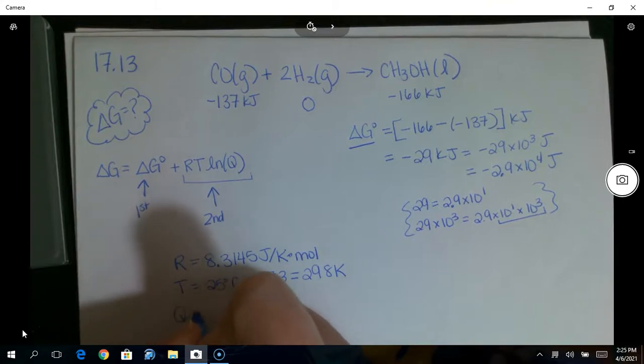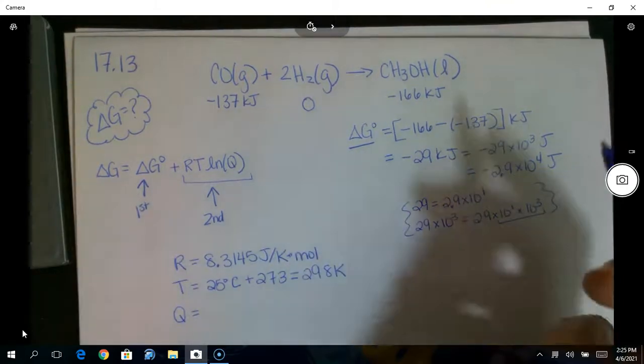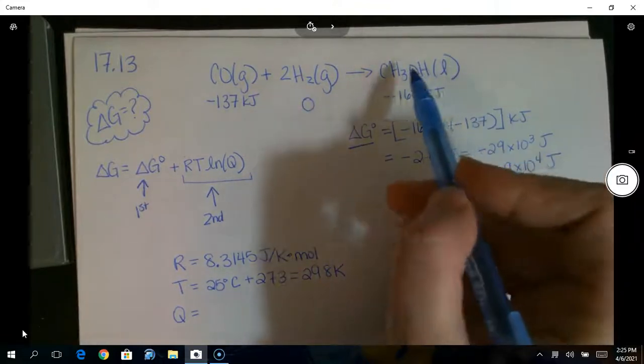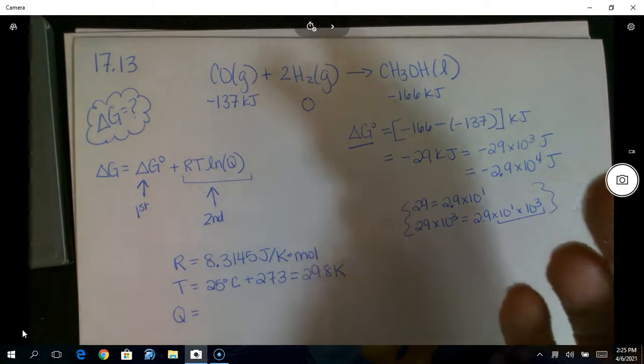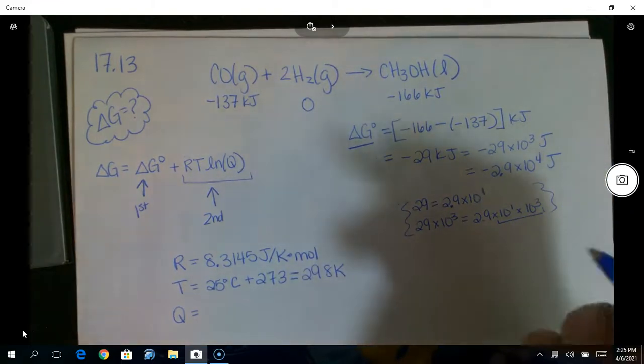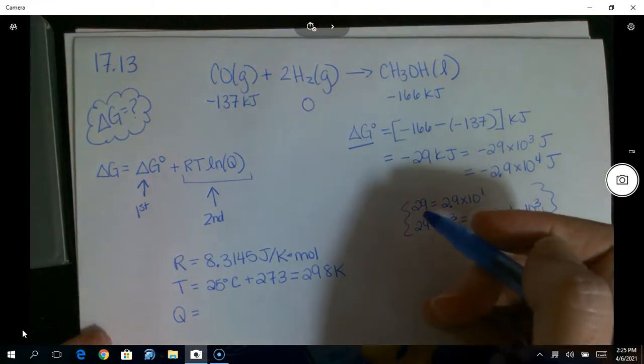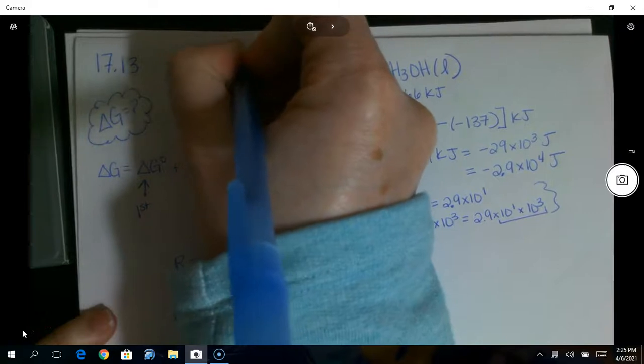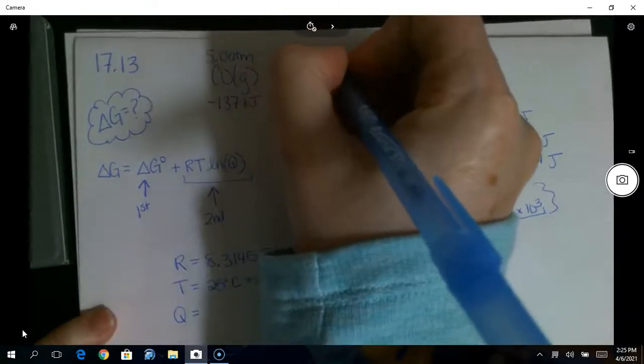This is our reaction quotient, so you're doing products over reactants. We were given the pressure of each. In the problem, it talks about how the carbon monoxide has 5.0 atm and the hydrogen gas has 3.0 atm.